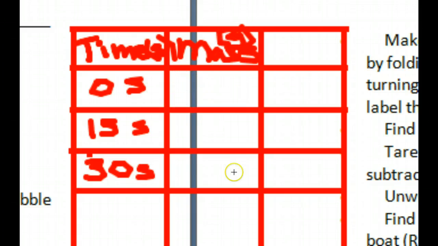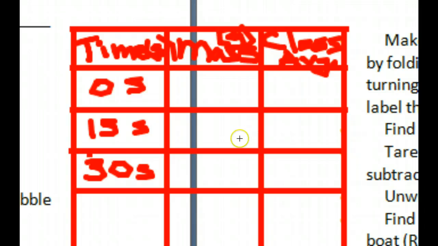And so this is where we'd record our mass in grams at these different intervals. And then it said to have a column for class average, right? So maybe we want to figure out what the class averages would be, and we'd fill those in at 0, 15, and 30 seconds. So we could say, all right, well, this is the class, and that's the average.